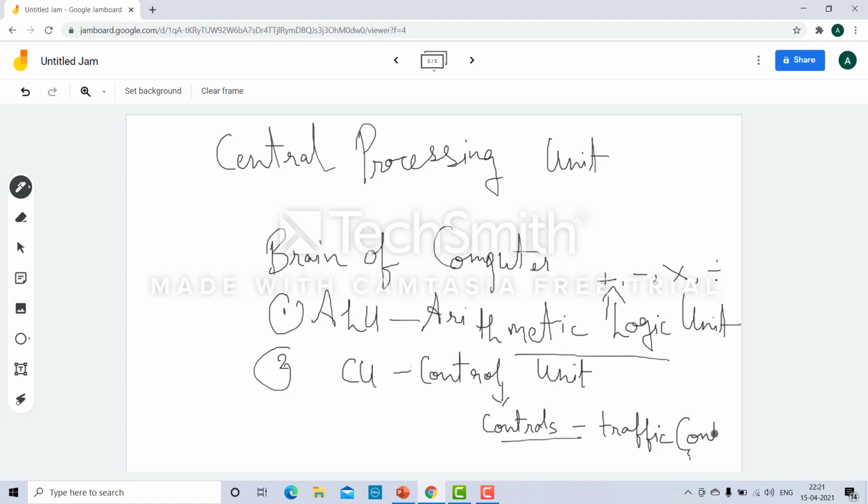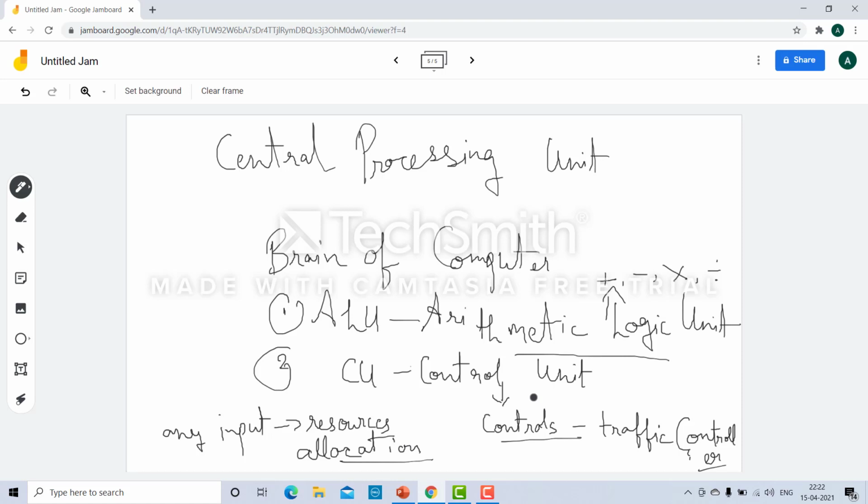This is the work of the control unit. It controls any kind of input, okay, and it directs it to the proper path wherever it is required. Resource allocation, everything is done by this control unit, children. Okay, so this is the function of the control unit.